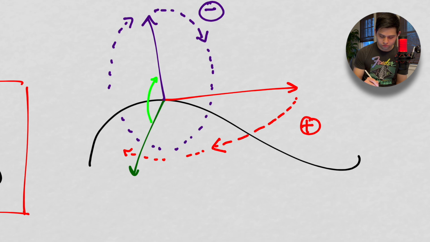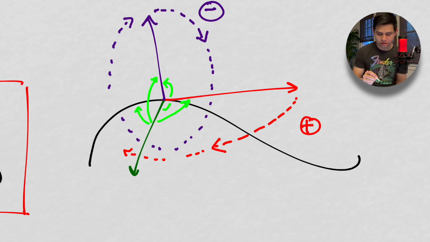Or it can move in this direction towards or away from T. So this is towards B or away from B. This N vector can rotate towards B, or it can rotate in this plane as well.